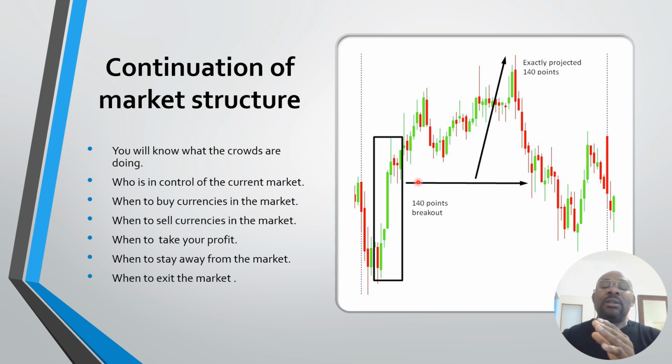You wait for the market, either the sellers to take charge of the market, to take control, or the buyers to take control of the market. So if the buyers take control of the market, you see a bullish trend. If the sellers take control of the market, you see a bearish trend.